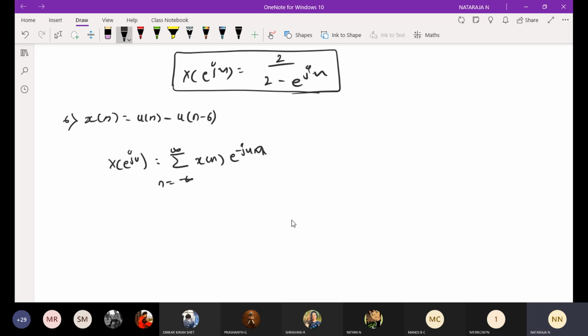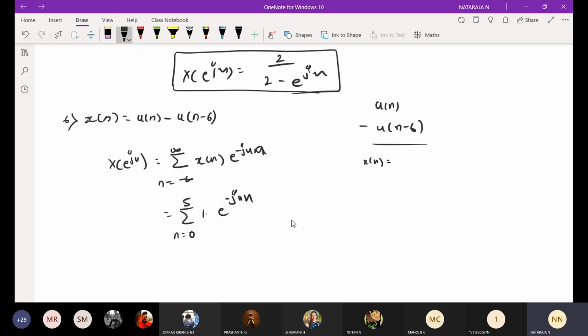Making use of this, I can find the limits: n is equal to 0 to 5, with amplitude 1, so 1 times e power minus j omega n. Everyone got how we got these limits? You take the u of n signal, then you take the u of n minus 6 signal, and you take the subtraction of these two.